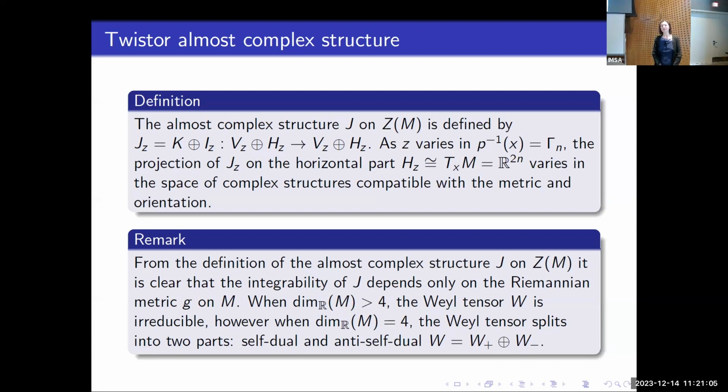So if the real dimension of M is 4, you have one answer because the Weyl tensor is not irreducible. It splits into two parts, anti-self-dual and self-dual parts. But if the real dimension of the manifold is greater than 4, then the Weyl tensor is actually irreducible. So you expect a different answer.